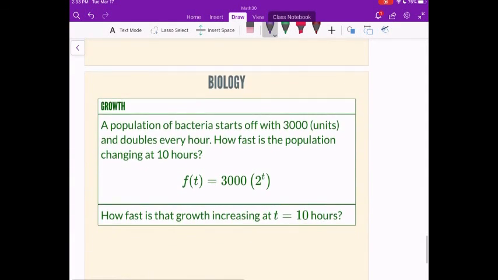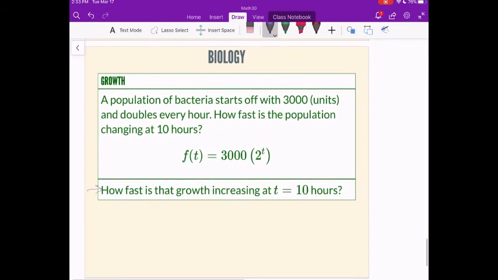Now you might be asked, essentially for the acceleration piece, how fast is that growth increasing at t equals 10 hours? Well, we know that the derivative was 3000 times 2 to the t times ln of 2. So f double prime of t is going to be the derivative of f prime of t.